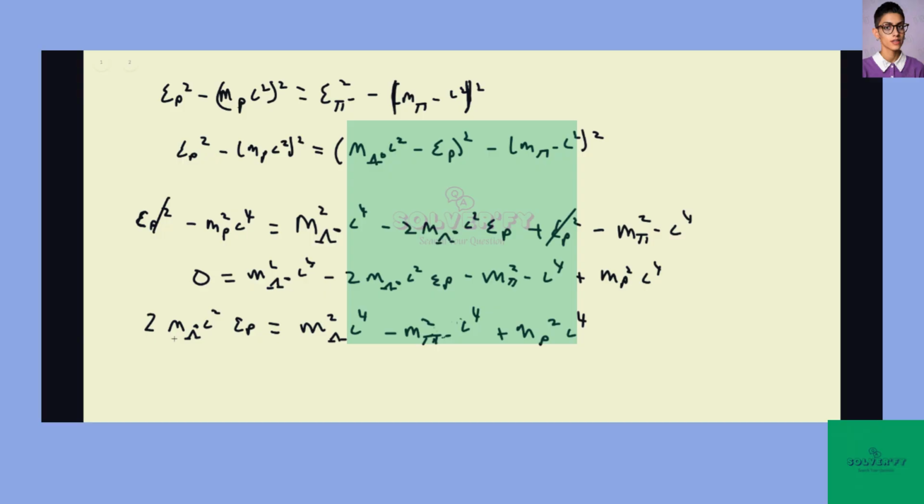Now we can solve for the total energy of the proton by dividing both sides by 2 times the rest mass of the lambda baryon.